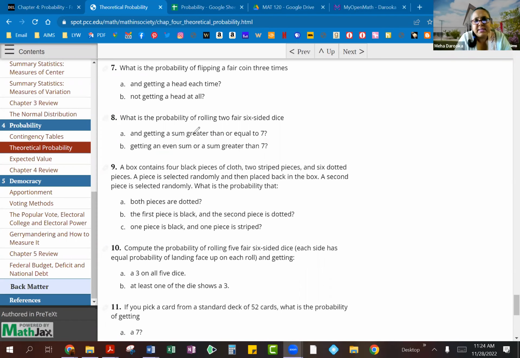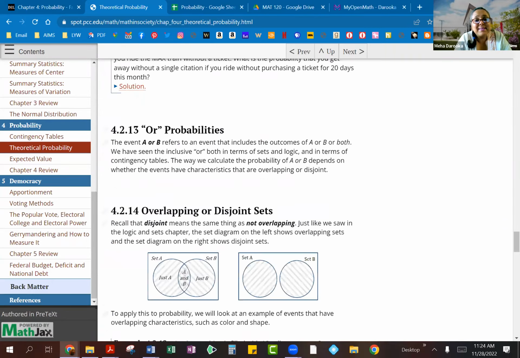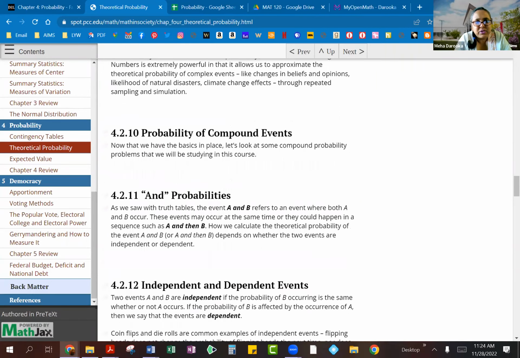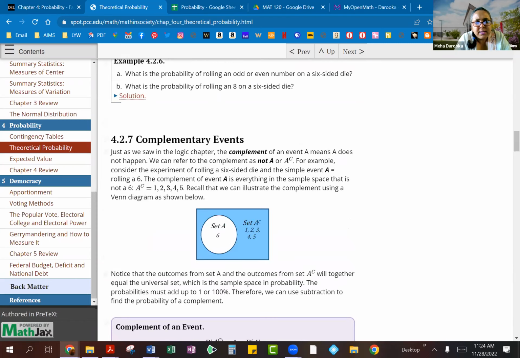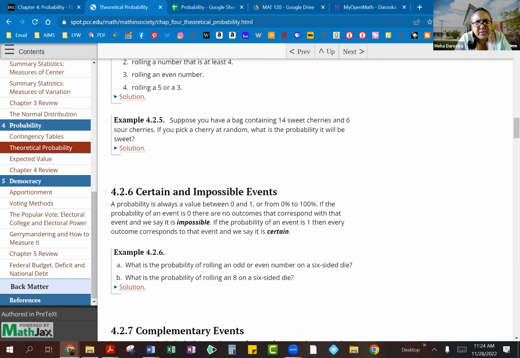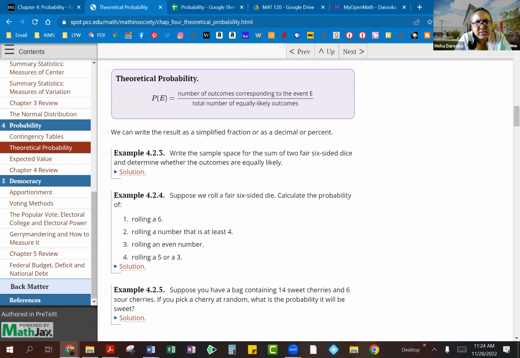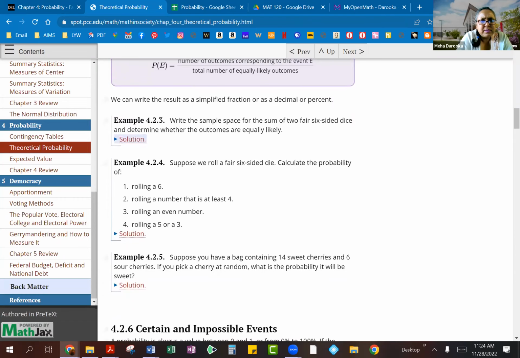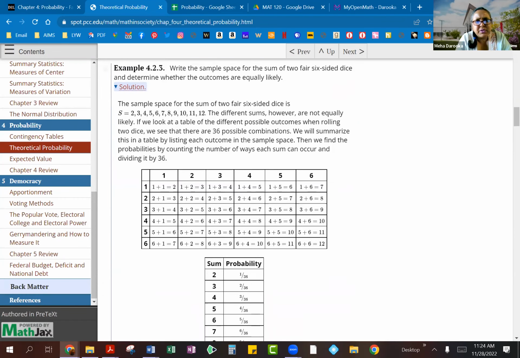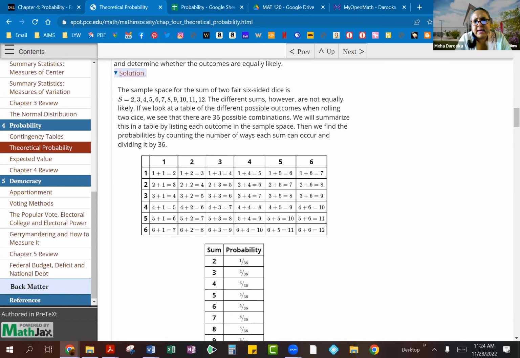Now, since we are rolling two fair 6-sided dice, the sample space we had seen, and I'm trying to think if it was in this section or the previous one, I think it's this one here. So we'll definitely need this little sample space over here to help us out.